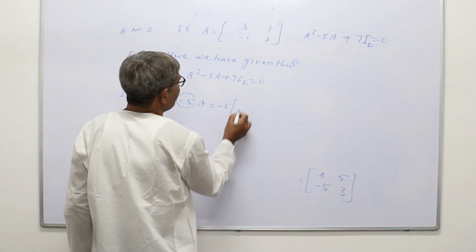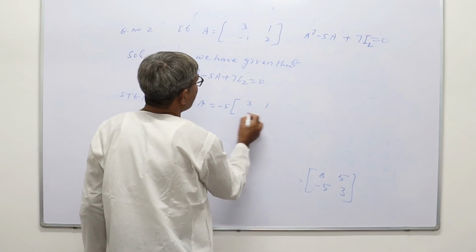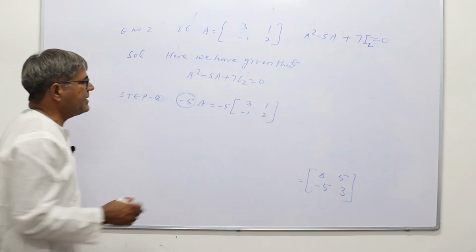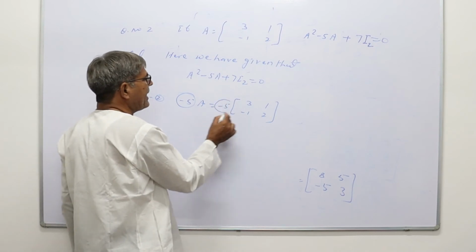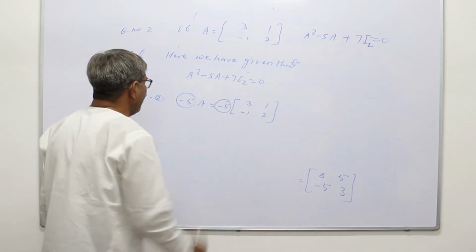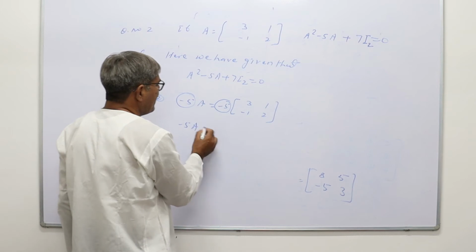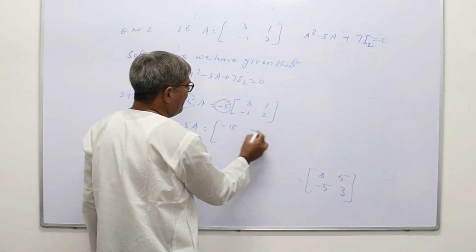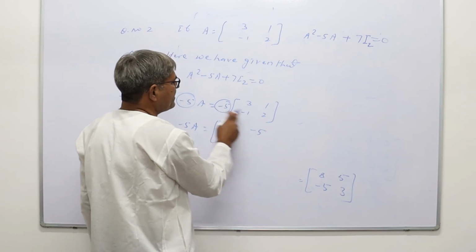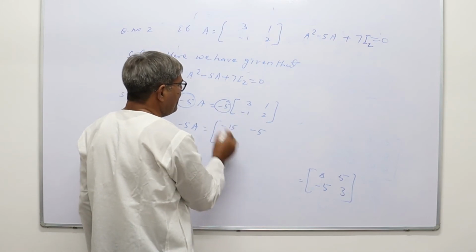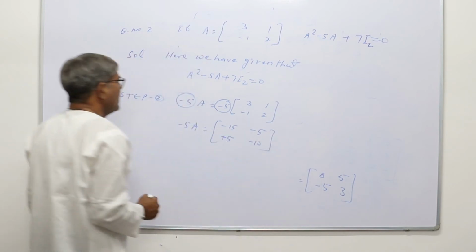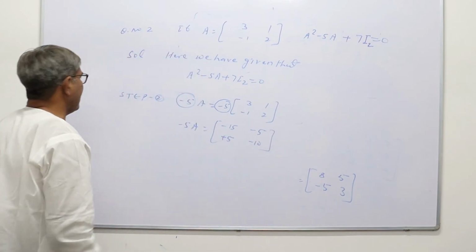So minus 5 into A. What is A? 3, 1, minus 1, 2. So scalar multiplication means this scalar minus 5 will be multiplied with every element of the given matrix. So minus 5A will be equal to minus 5 into 3, minus 15, minus 5 into 1, minus 5, minus 5 into minus 1, plus 5, minus 5 into 2, that is minus 10. So this is minus 5A.